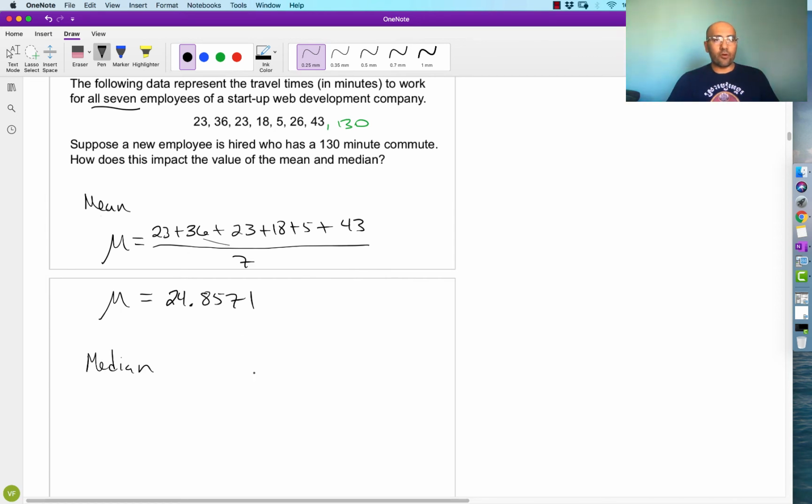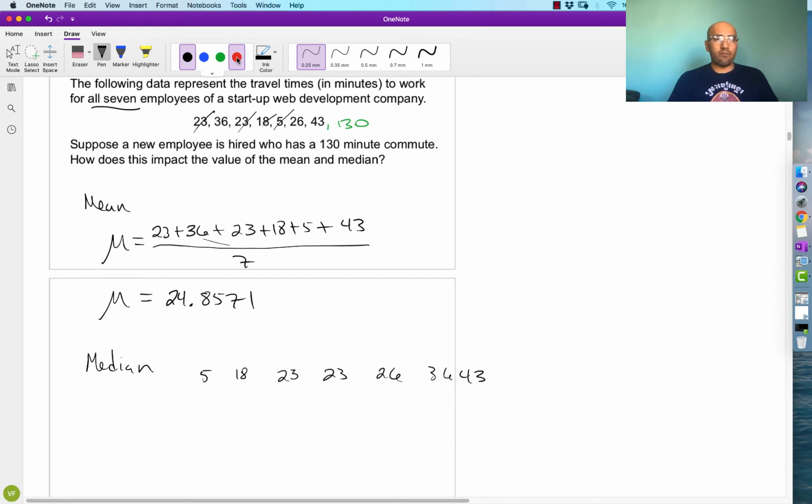All right, well, if we organize them from the smallest to the largest, we already did that before. We found that this would be 5, then 18, then 23, 23, 23, 23, then 26, then 36 and 43. There's my list.